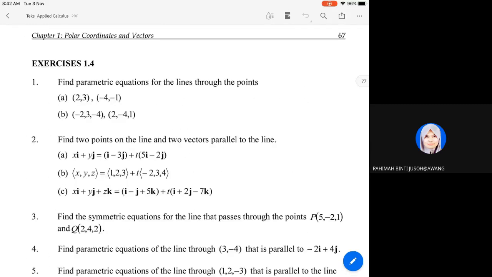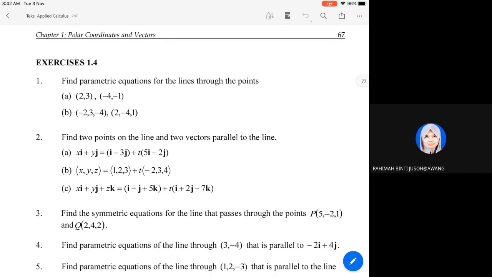Okay, find the parametric equations for the lines through the points. So of course for A, we have only x and y equations because there are two coordinates, just x and y. But for B, we will have three coordinates, x, y, and z. So let us solve question number 1B first.